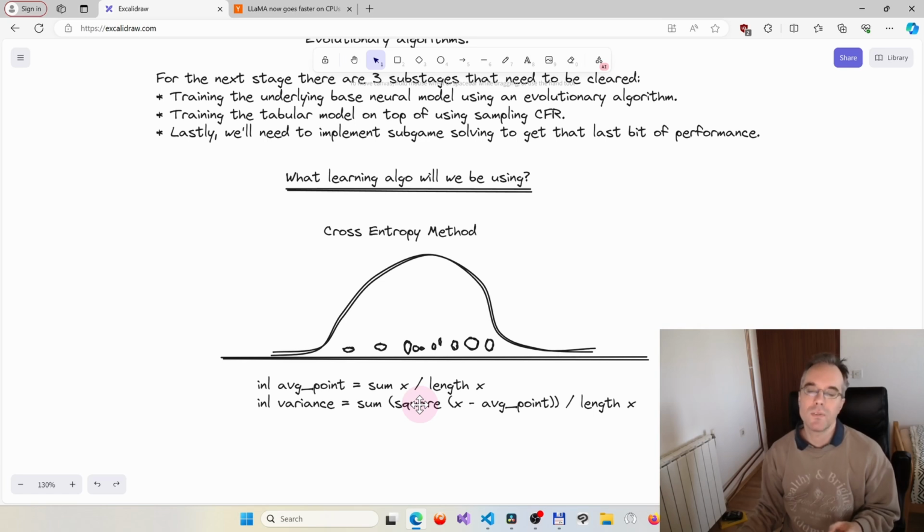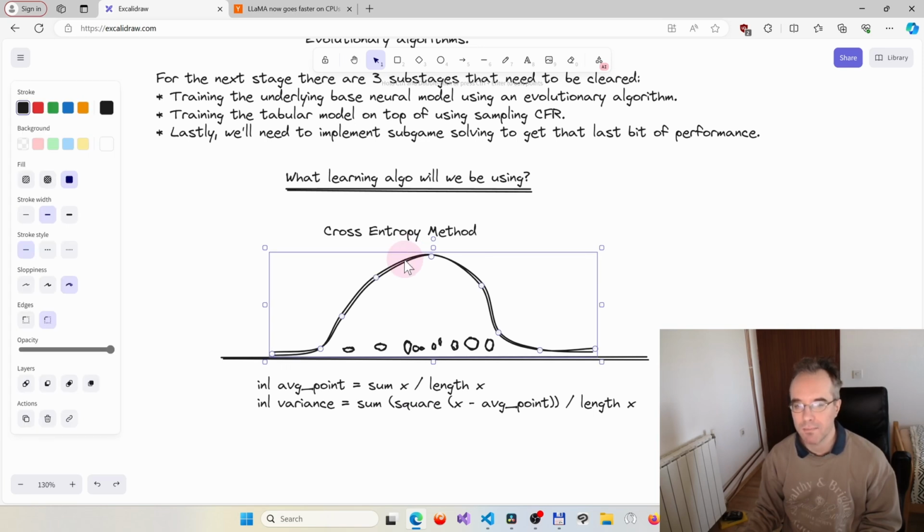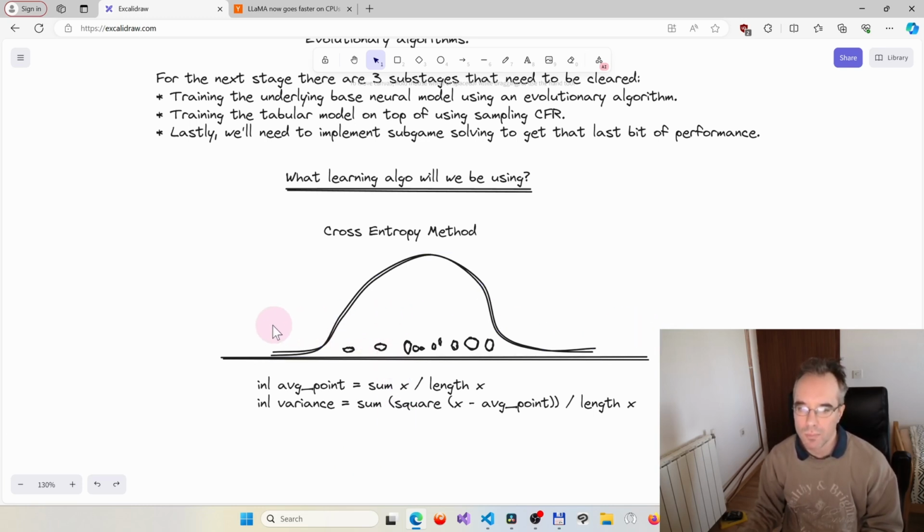Then once we have the variance, we'd have something like this bell curve. And using that, if you think about it, we don't really need the original points anymore.